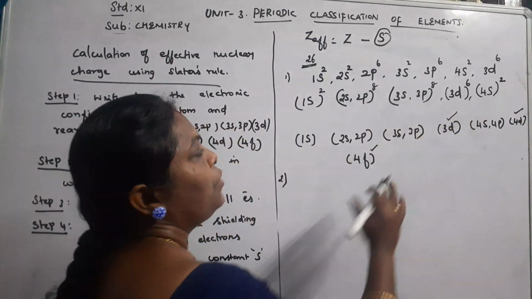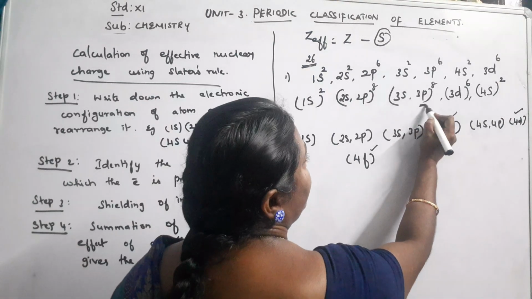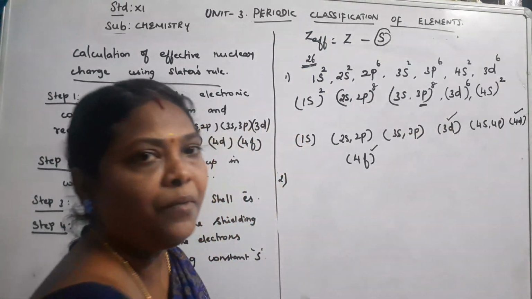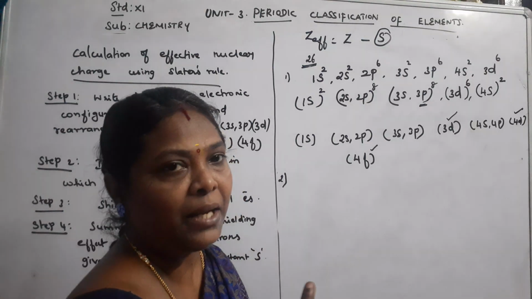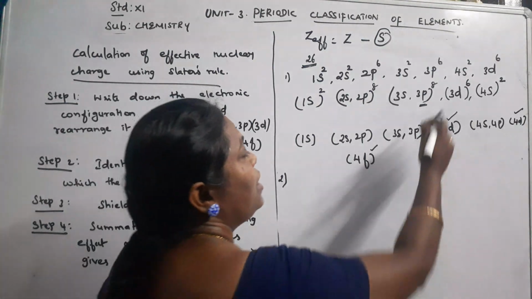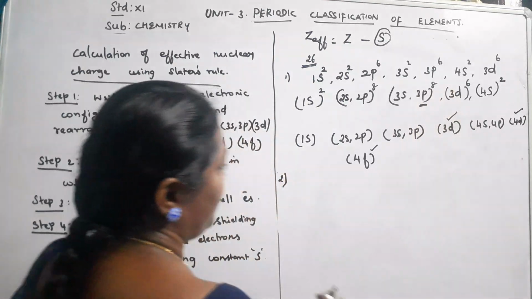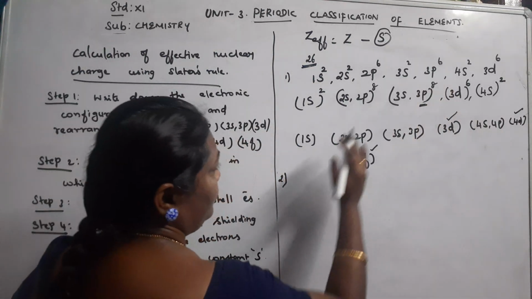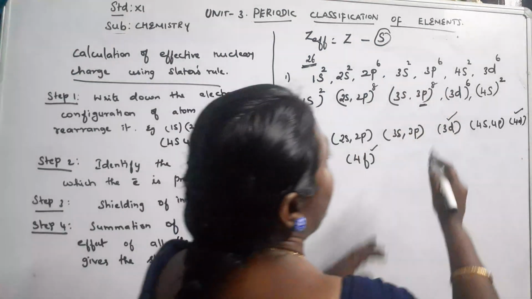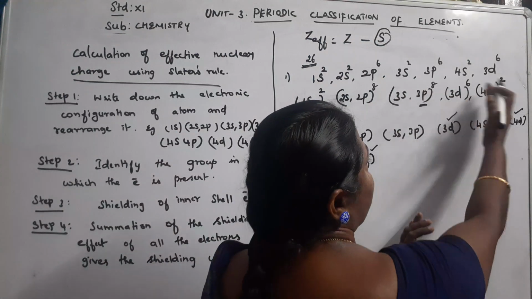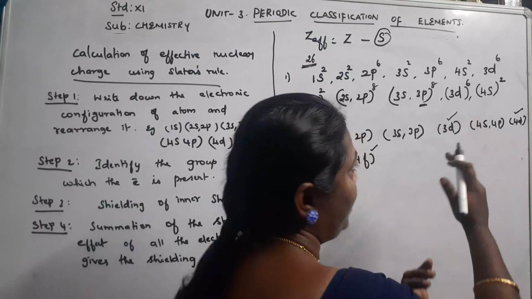Now we are going to calculate the shielding effect for an electron which is present in the 3p orbital. If we calculate for the electron present in the 3p orbital, the orbitals to consider are those to the right of this.